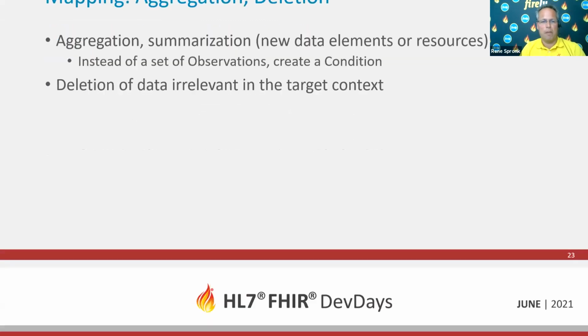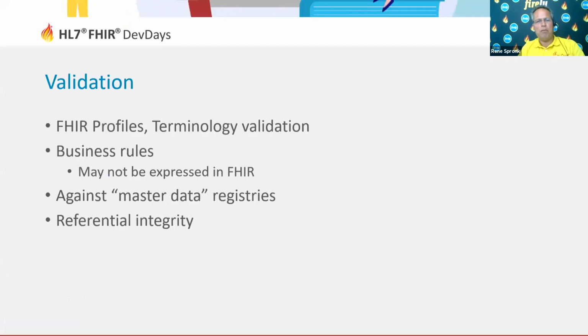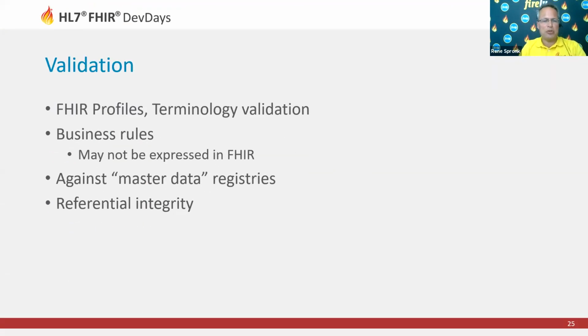Then we have validation. And there are other presentations on this subject as well, but validation certainly against FHIR profiles. Terminology validation: if there are business rules that state thou shalt have SNOMED, then obviously you have to validate that. Is this a valid SNOMED code in this context? Business rules validation, and business rules may not actually be expressed in FHIR structure definitions or something. You may have some rather strange business rules out there.